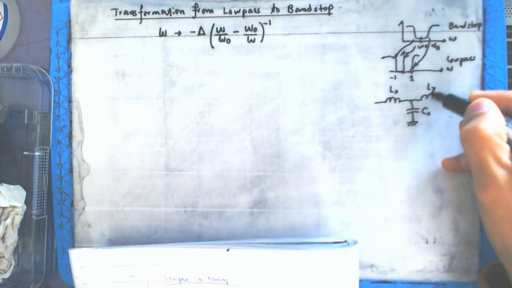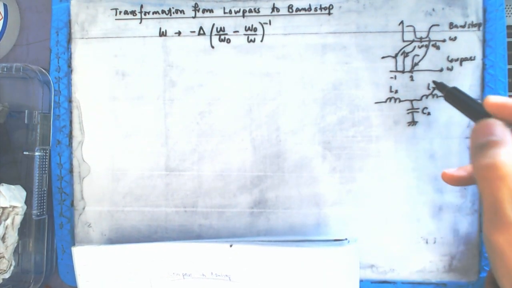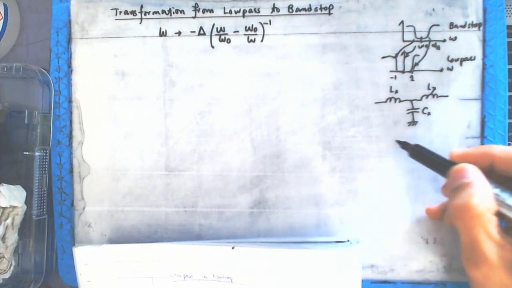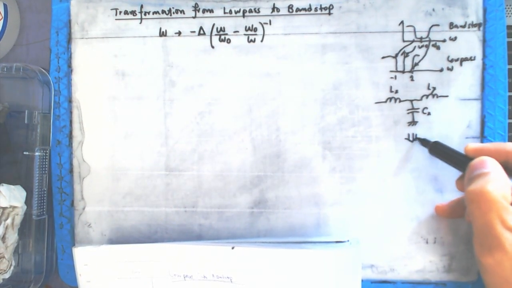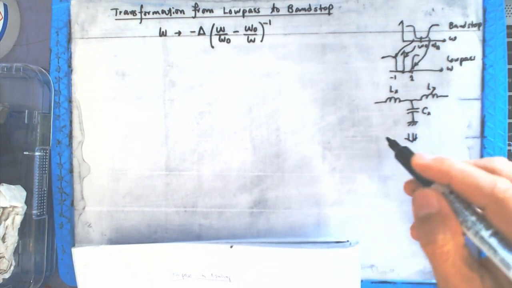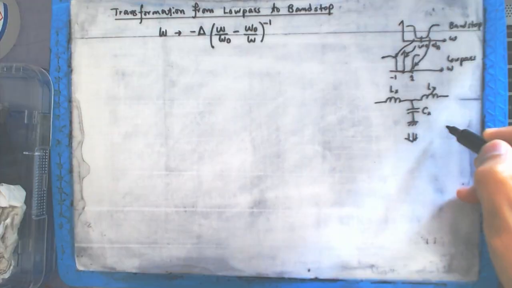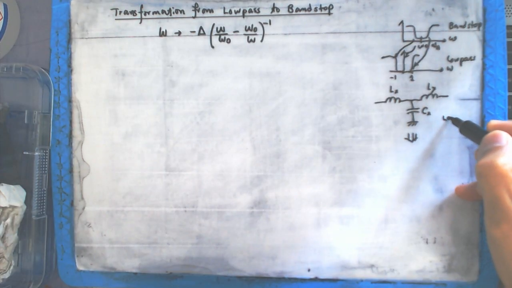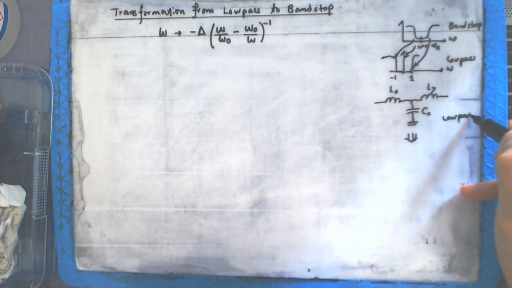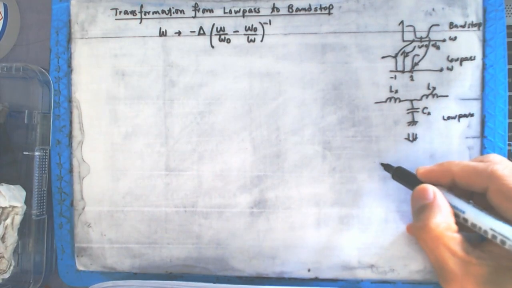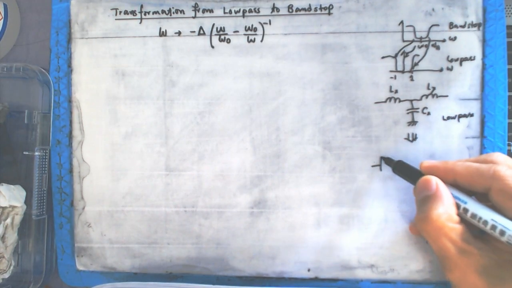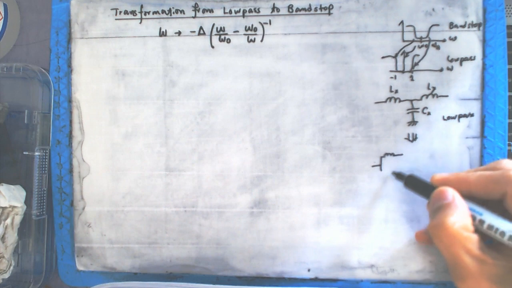So in Bandstop, you're going to use the network. So this is the low pass. In Bandstop, you're going to replace the level with this.